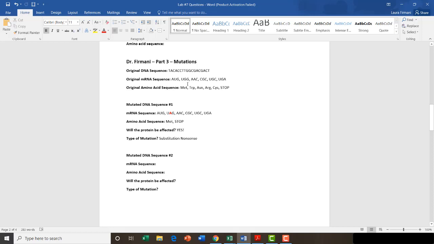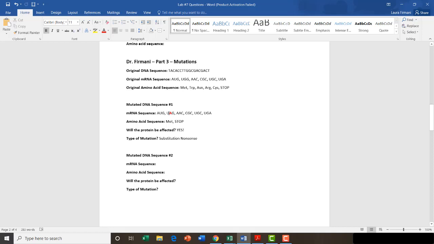Here it only has MET. So is this going to be the same protein, a protein with 5 amino acids versus a protein with 1? They're going to be totally different. So will the protein be affected? Yes. The only time the protein's not affected is if it has the same amino acid sequence. Whenever the amino acid sequence is anything different, the protein will always be affected.